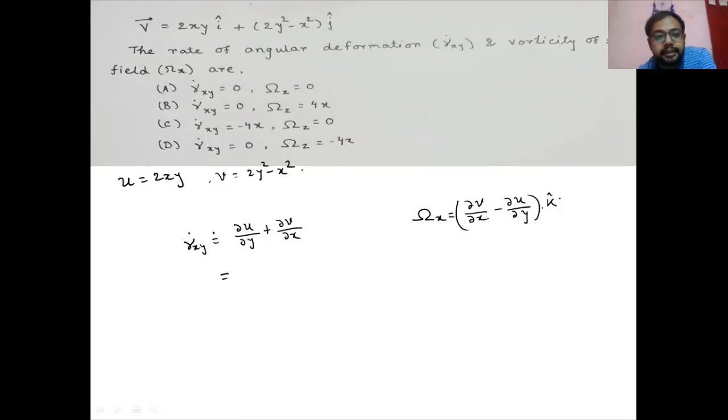So in this case du dy is 2x. Here dv dx is minus 2x. So minus 2x, minus again du dy which is 2x, so minus 4x. So the answer is D in this case.